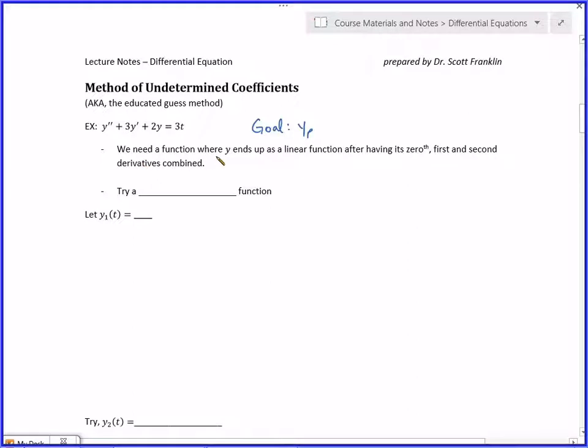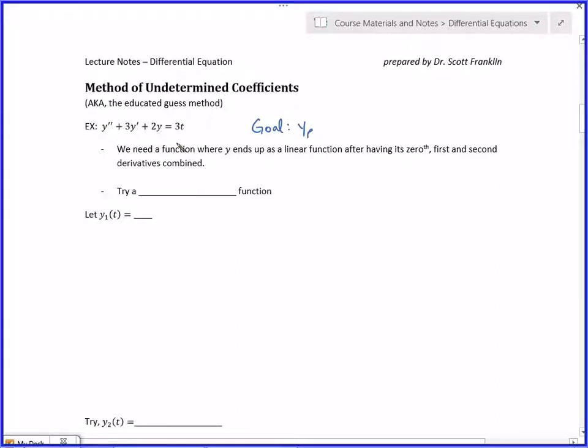We need to find a function whose value that we get after plugging it in on the left-hand side leaves behind a 3t. We need a function where y ends up as a linear function after having its 0th, first, and second derivatives combined, right? I'm going to have a y here, I'm going to have a y prime, and I'm going to have a y double prime.